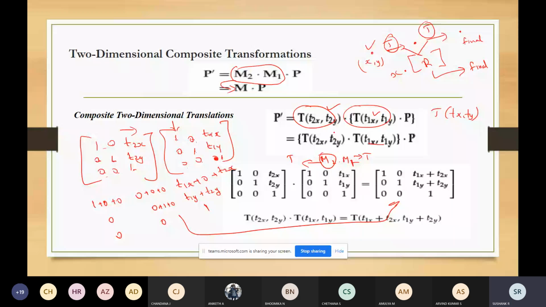For example, there is an initial point x comma y. I want to move this with values 2 comma 3. Again, I want to move this with 5 comma 6.